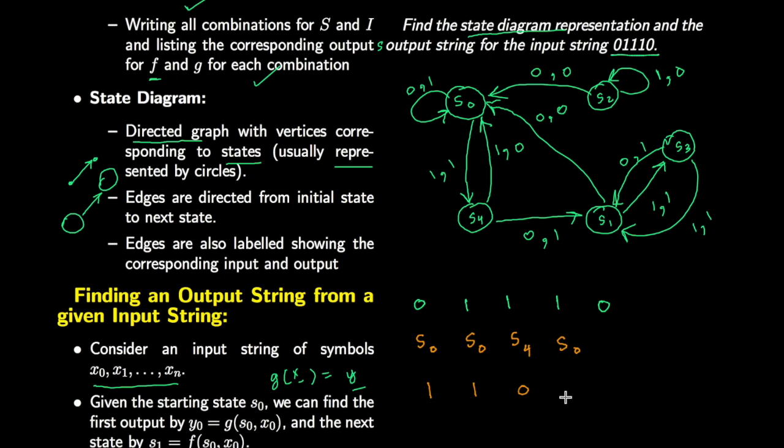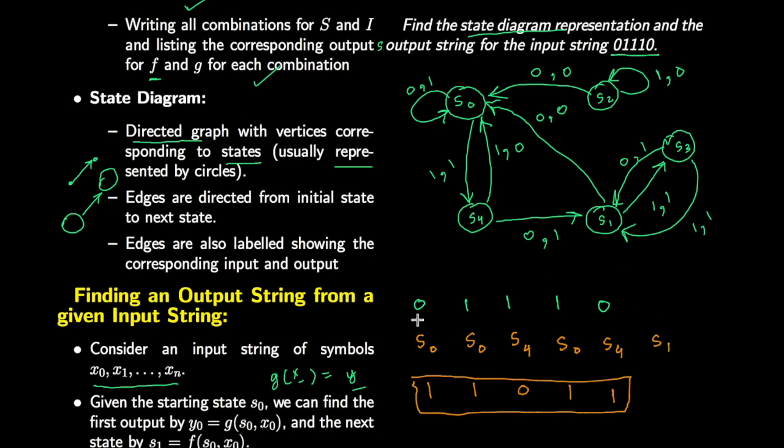At S0 with input 1, I go to S4 again, and my output is 1. Now I am at S4 and I get a 0, so I go to S1 and my output is 1.